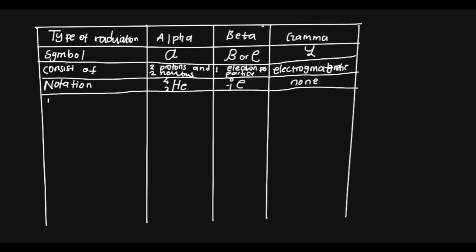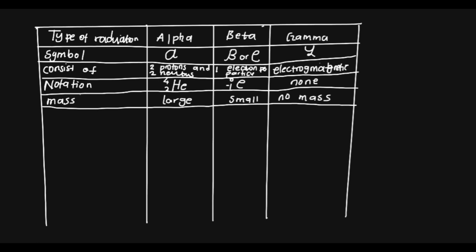From there, let's look at the mass. Now for the mass, we'll just compare which one has the largest mass. So alpha, the mass is large. For beta, we have small mass. Then for gamma, no mass. Why? It's a wave.